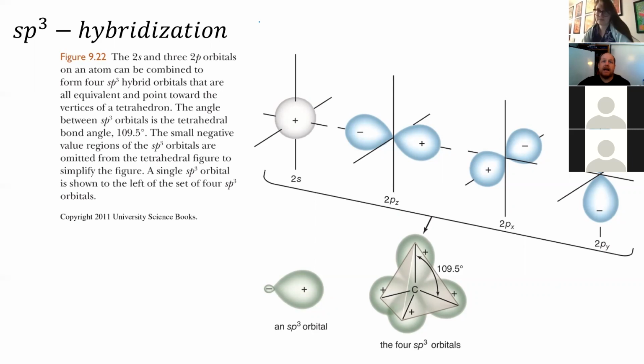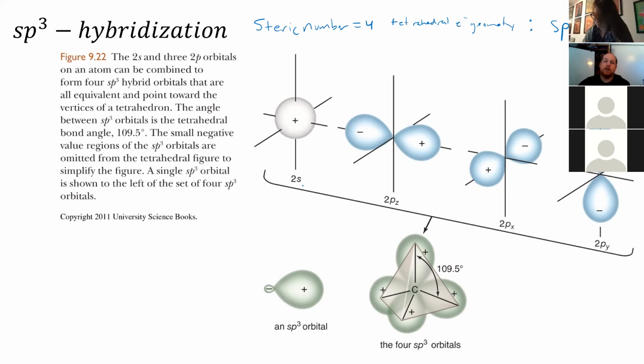And we know that it has that because anything with a steric number of 4 has a tetrahedral electron geometry. And if it has a tetrahedral electron geometry, it's going to be sp3 hybrid.